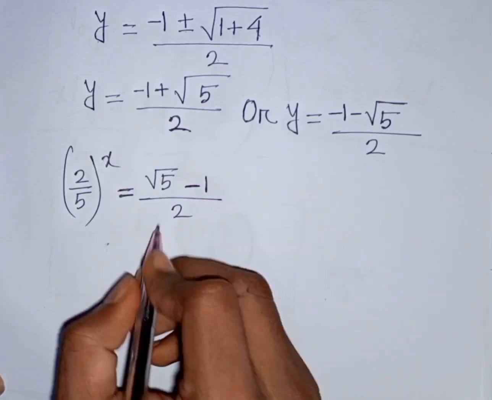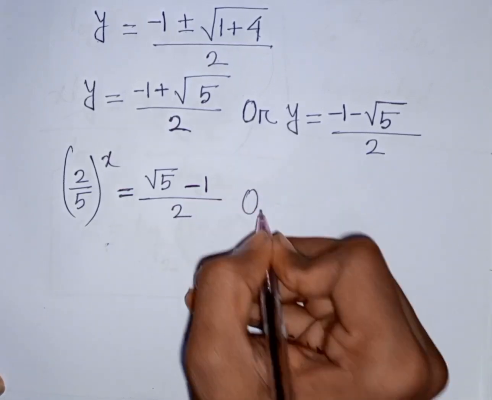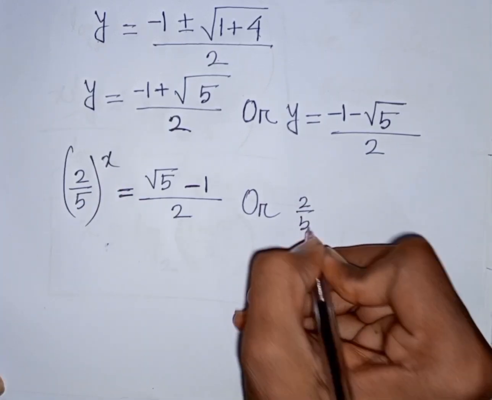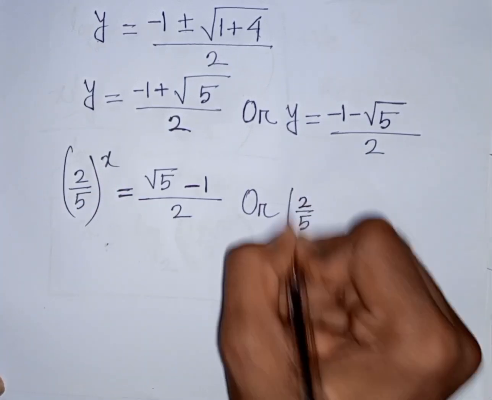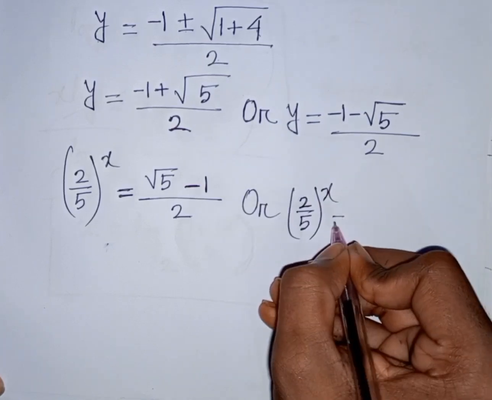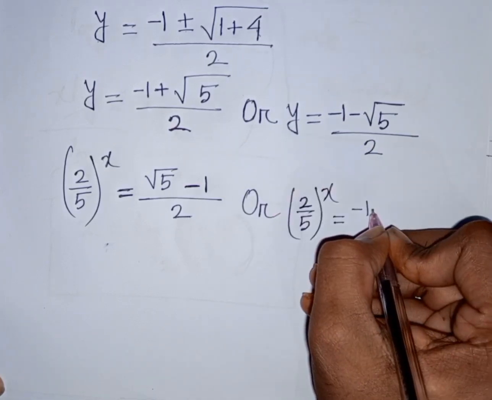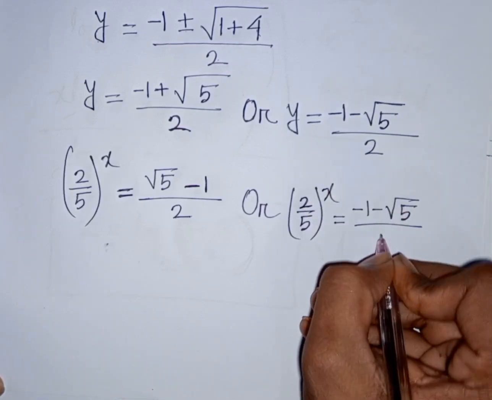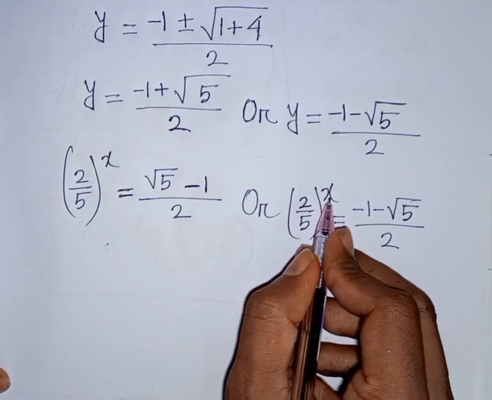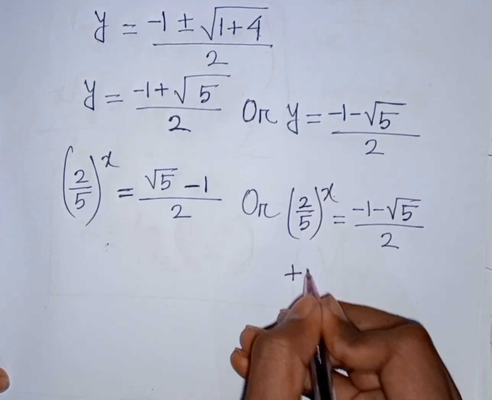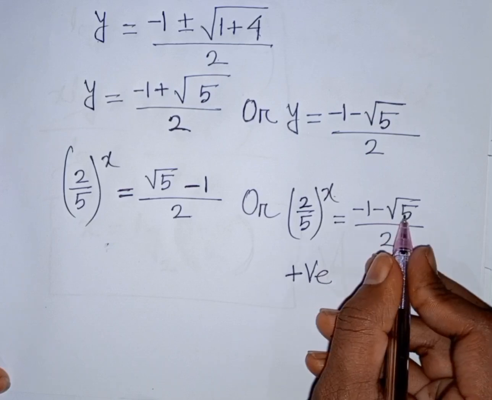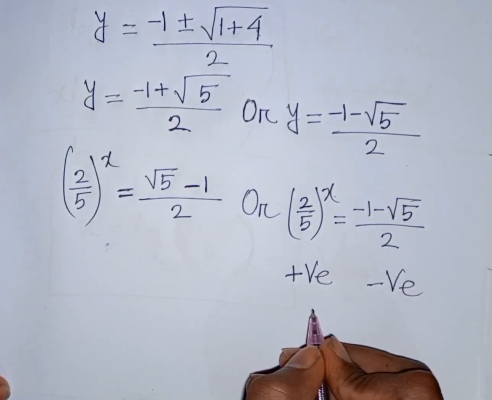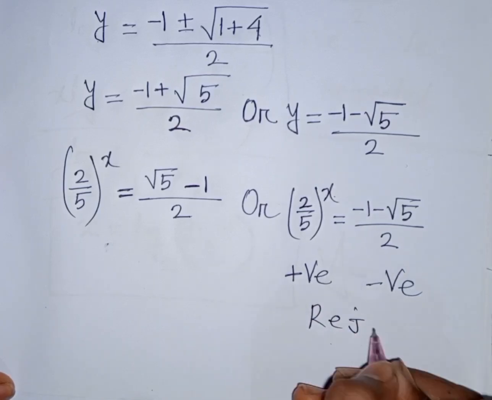Now or y, that means 2 by 5 bracket power x is equal to minus 1 minus a square root of 5 divided by 2. Now we see 2 by 5 bracket power any number is always positive, but minus 1 minus a square root of 5 divided by 2 must be negative. So positive cannot be equal to negative, so this is rejected.